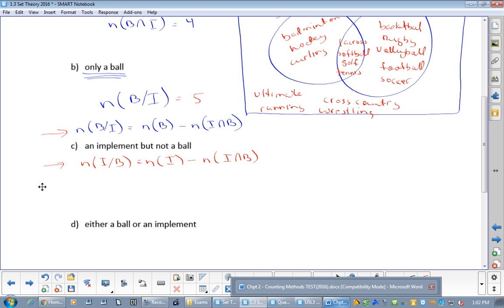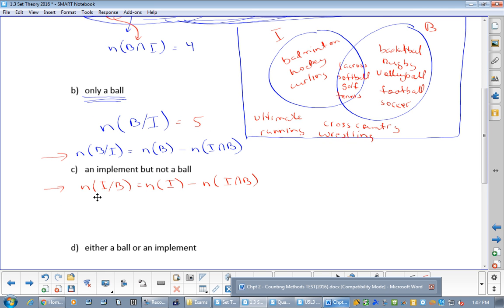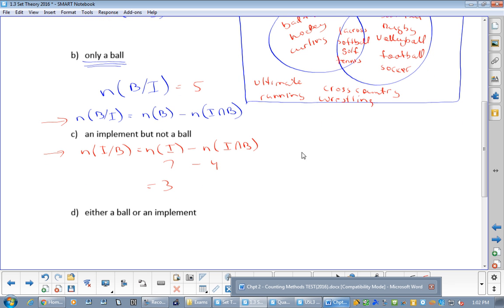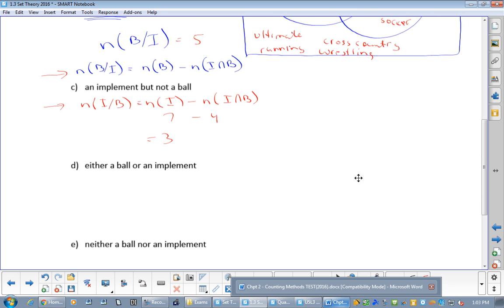Okay, so this would be 7 minus 4, which would equal 3. Now again, with our Venn diagram, you could just go it's 3, right? But what if they just asked for an equation that would work, right? I don't want to just always be pulling stuff from the Venn diagram.